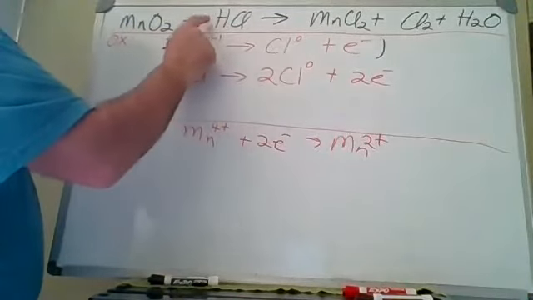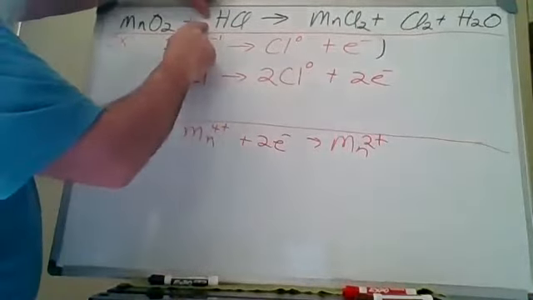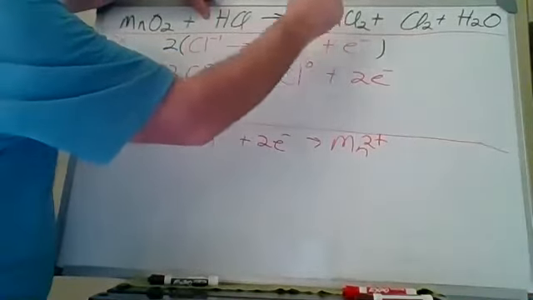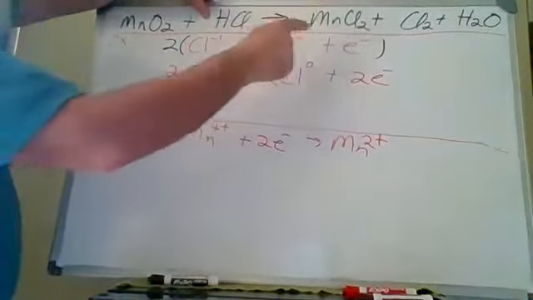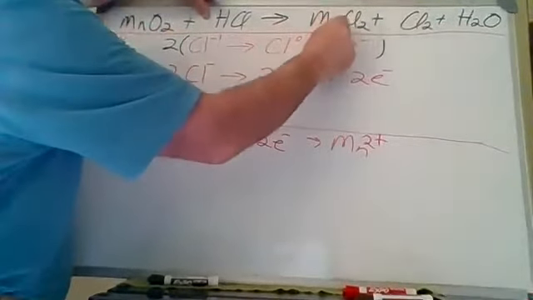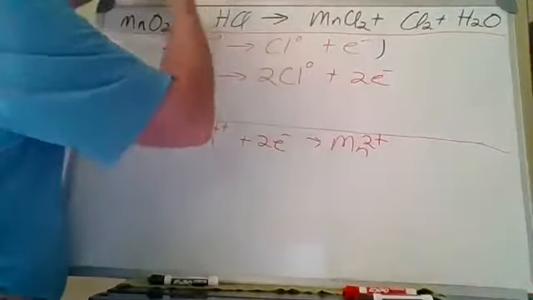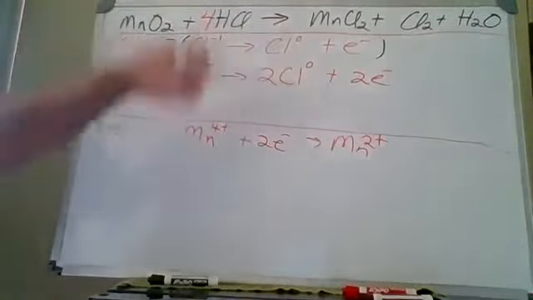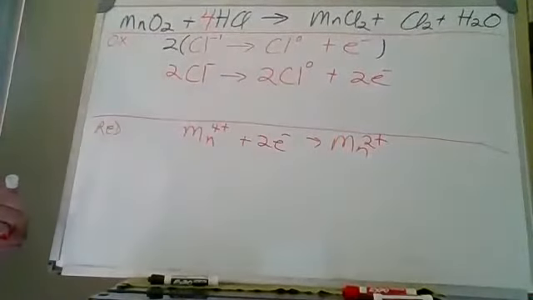So I'm going to need to put a 2 here, except I also have these 2 other ones that are not being oxidized. I have 2 chlorines here being oxidized, but 2 more here not being oxidized. That means I need 4 of them on the reactant side.